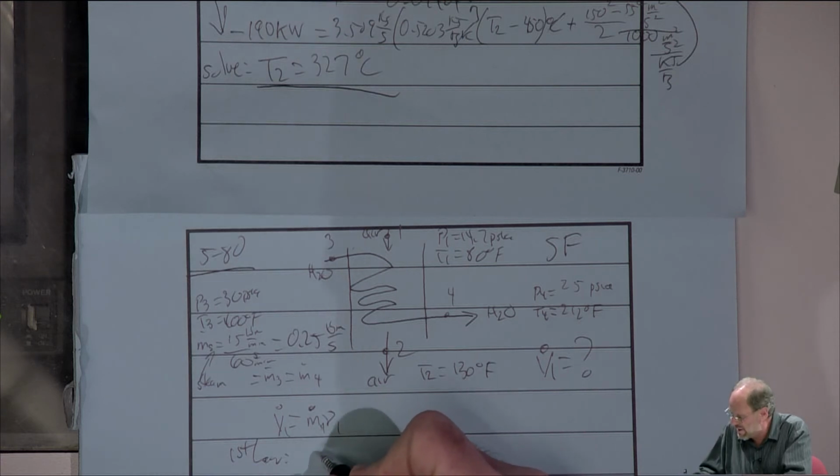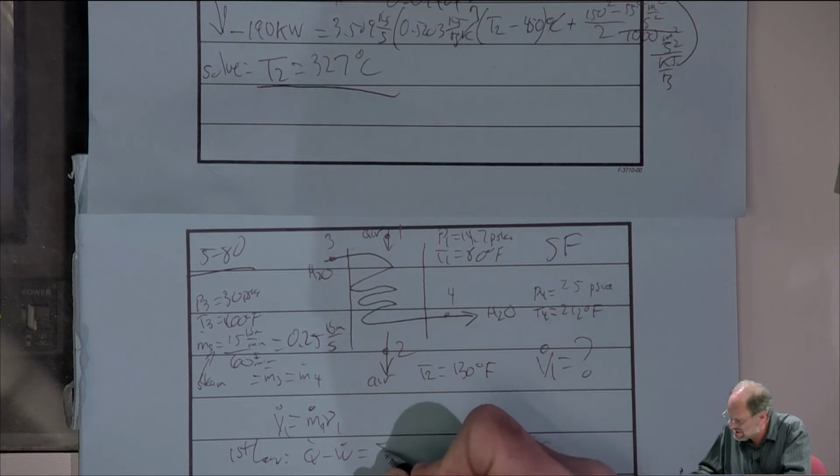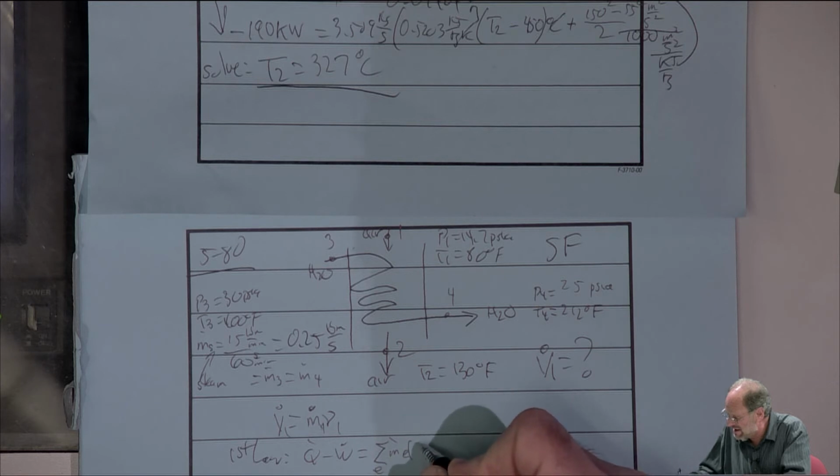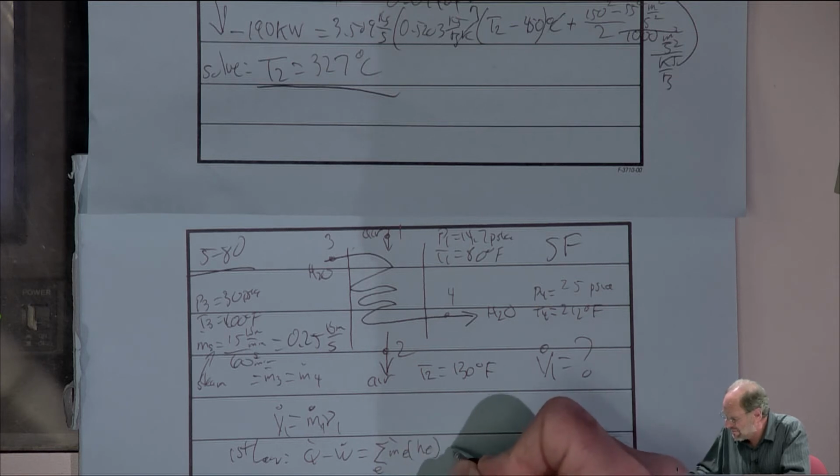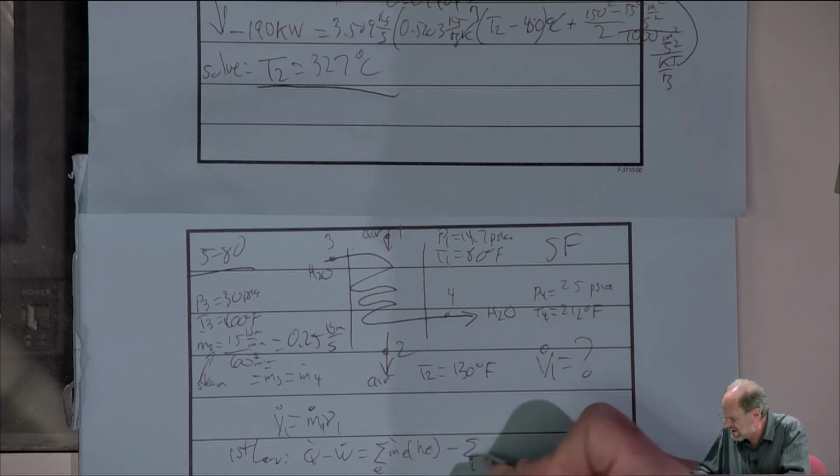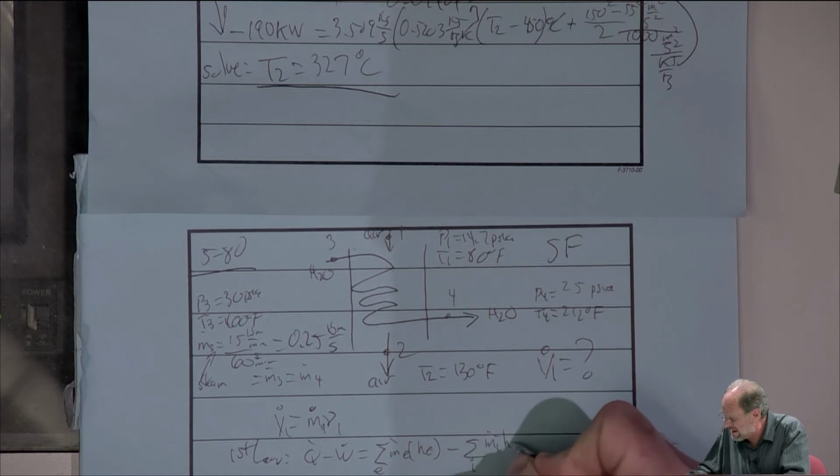In other words, the equation we're going to use is heat transfer minus work equals the sum over all exit flow paths of m dot e h e minus the sum over all inlet flow rates of m dot i h i.